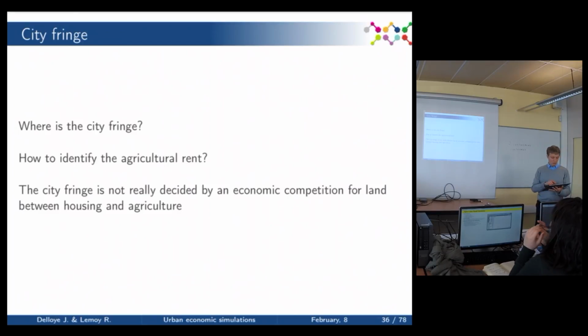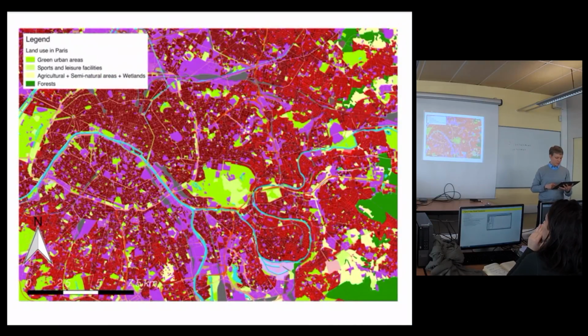So I will show you quickly maps of real cities. This is Paris, for instance. So you have here the intra-city of Paris, and in yellow you see agricultural plots, and there are agricultural spaces even quite close to the city center.